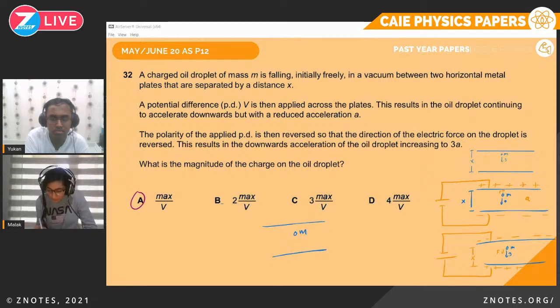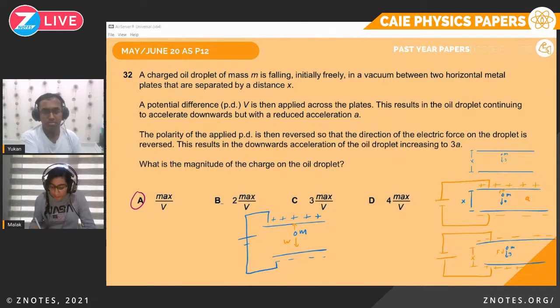So the force upwards is equal to the weight downwards, right? So there's a force over here that's upwards and equal to the weight downwards, so the droplet is at equilibrium.